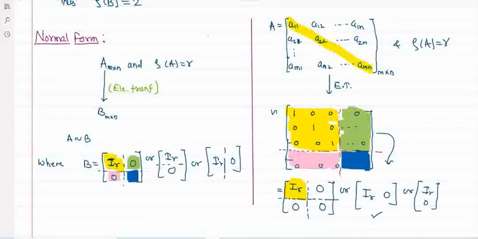After reduction, depending on the present elements, we write the matrix in the first form, the second form or the third form. Whatever value of r is there, that is the rank of the matrix. Any doubt? Is it clear?